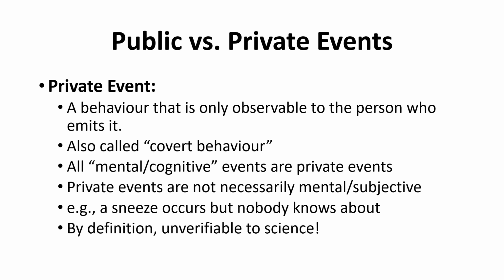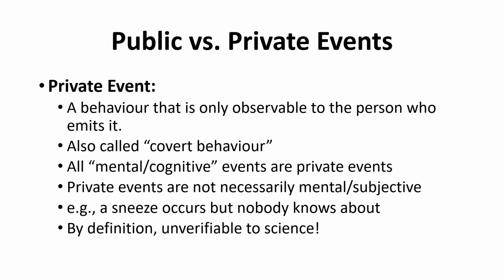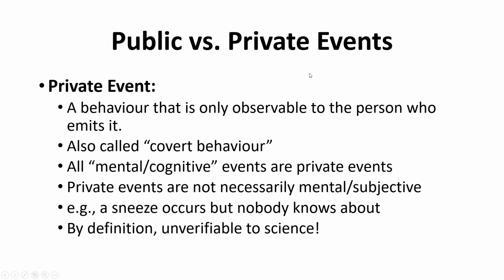Let's move on to talking about public versus private events, because I just mentioned that a cognitive behavior would count as a private event. So a private event is a behavior that's only observable to the person who is emitting it. We can also call it a covert behavior. We can call it a cognitive behavior because of the way that we've defined all of these terms for our use here.